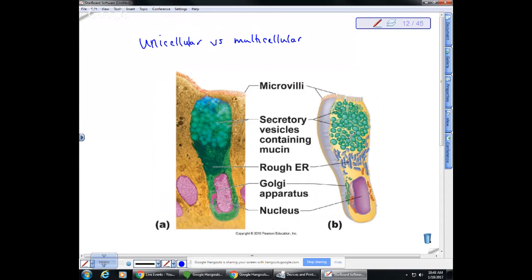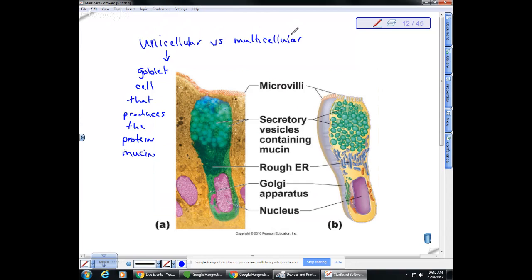Notice how they migrate out to the surface and release their mucin, and then the mucin combines with water to form mucus. So the example of a unicellular gland would be a goblet cell that produces the protein mucin, which makes mucus.